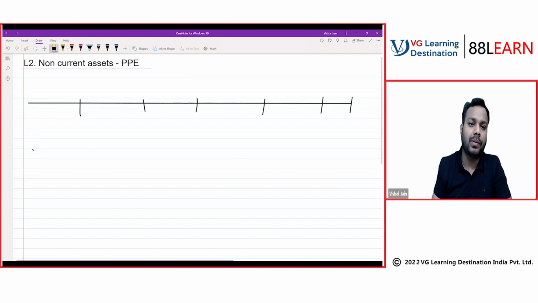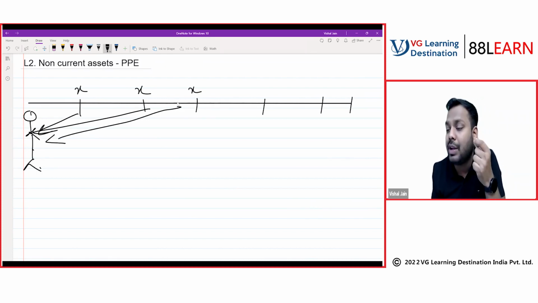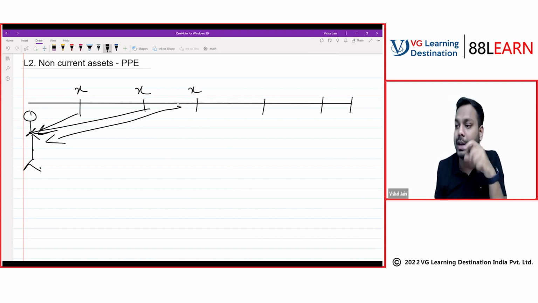So what you will do is calculate the present value of each amount. Let's suppose the amount is the same, x. The present value factor is called the annuity factor, and I discussed in the last class how to calculate the annuity factor, right? Is it clear now, Shivam?